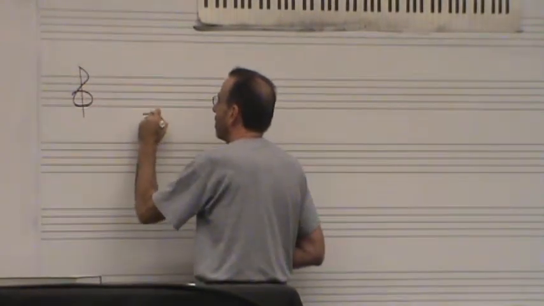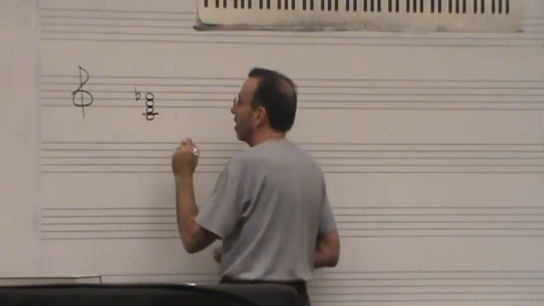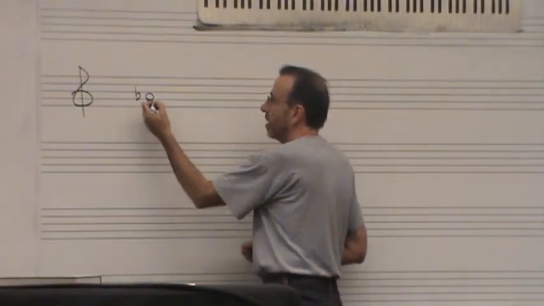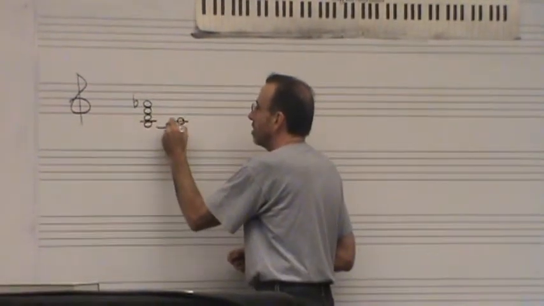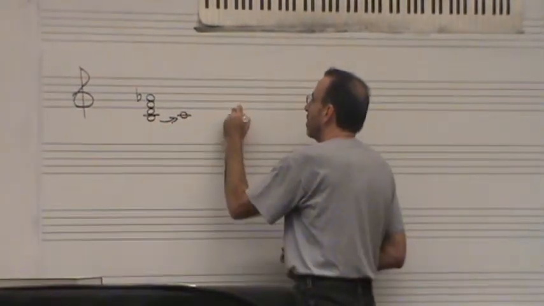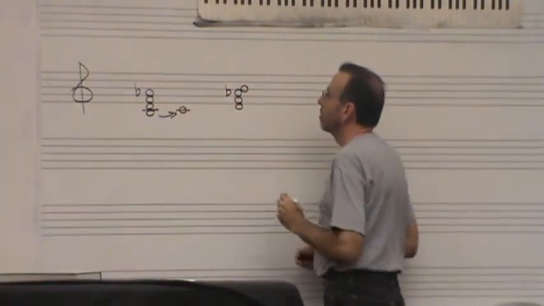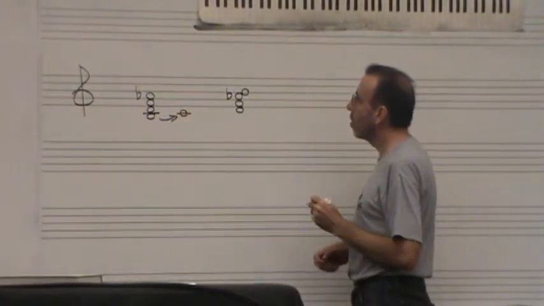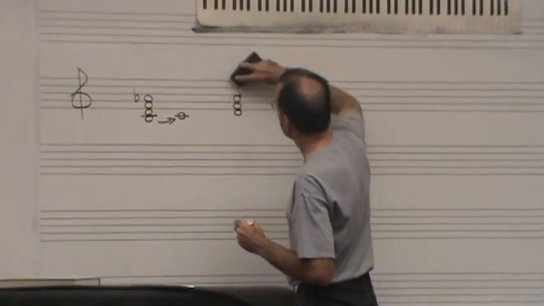All right, so just to give you an idea of what diminished triads are all about, if I take this diminished triad, B, D, F, and A flat, then that really forms a leading tone to C, right? That B is a leading tone to C. If I spell it this way, or if I spell it enharmonically, let's do that because that will make more sense.